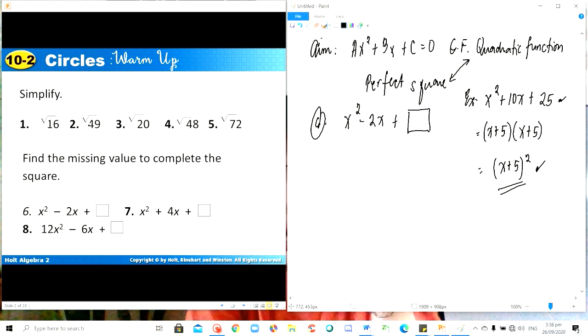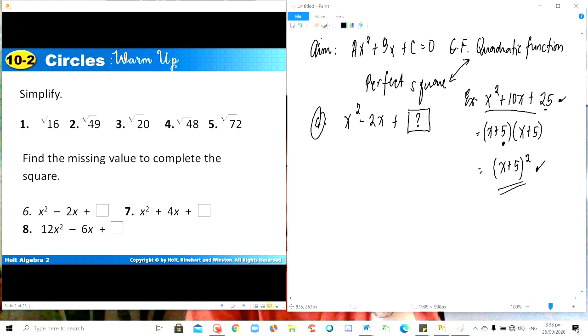Now our task is to find the number that must be added to this given so that we yield a quadratic function that can be written as a perfect square. So how do we do that? Take note that if this is 5, the relationship of 5 and 10 is that twice 5 is 10, or half of 10 is 5.